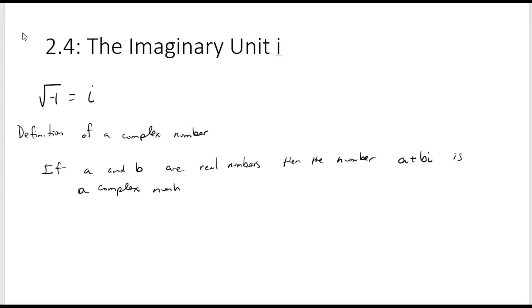And the reason why it's a complex number is because it has two parts. Okay, so a plus bi.